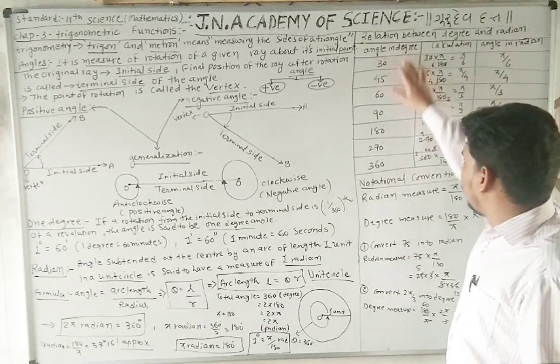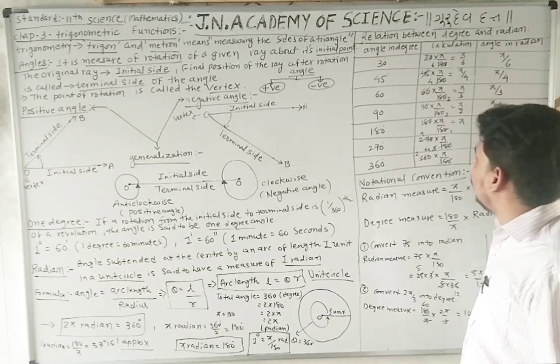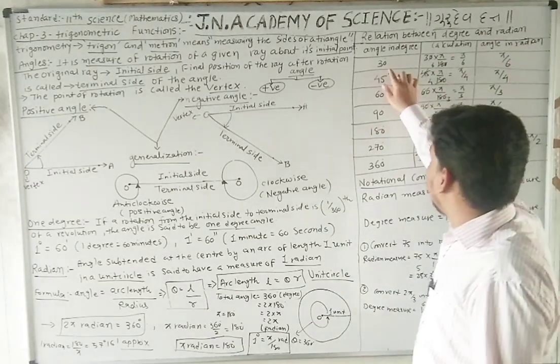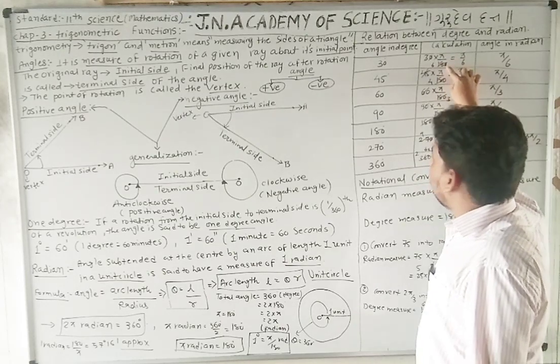Now we are talking about the relation between degree and radian. If the angle is given in degrees and we have to convert it to radians, just multiply the given degree by pi divided by 180.